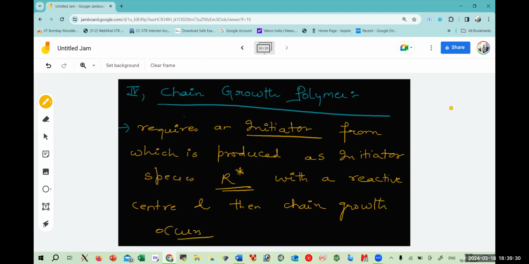Firstly, we need a certain initiator to activate our reactant, make it an initiator species, and then it will continue to grow.